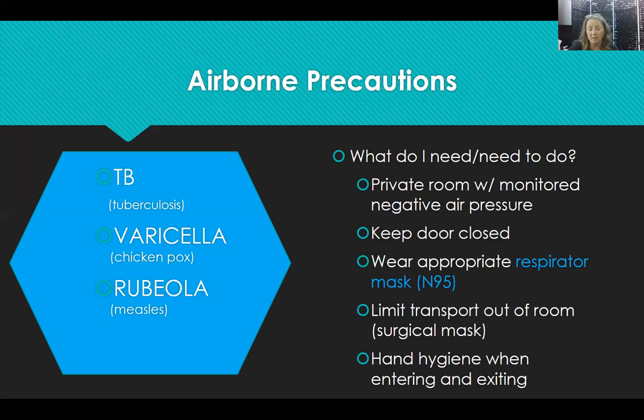Appropriate PPE for an airborne precaution room is an N95 mask. This would need to be fit tested. To be able to wear an N95 mask, it needs to have been fit tested. Or if you don't have a proper fit, you can wear a higher level respirator.